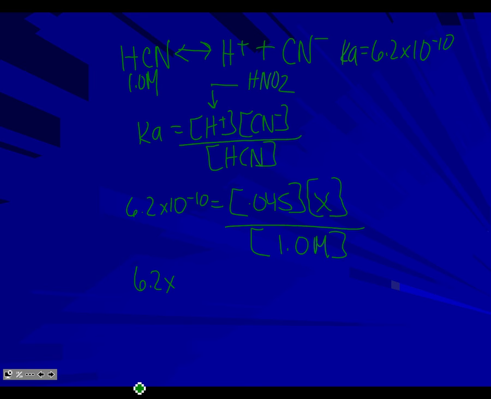So we end up simplifying: 6.2 times 10 to the negative 10th equals 0.045x. Divide by 0.045 and we get 1.4 times 10 to the negative 8th molar equals x, which in this case is our cyanide. So once you've got that hydrogen ion concentration from the strongest of your weak acids, that is the hydrogen ion concentration you want to use for any other problem that you work throughout.